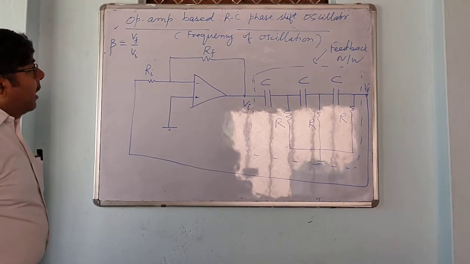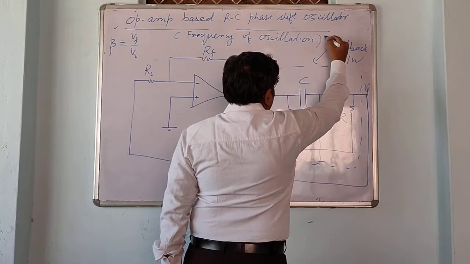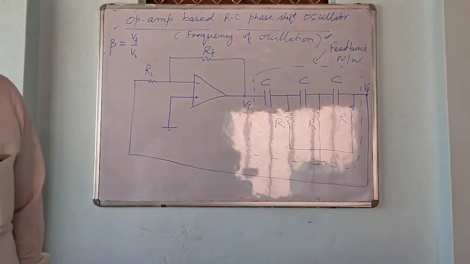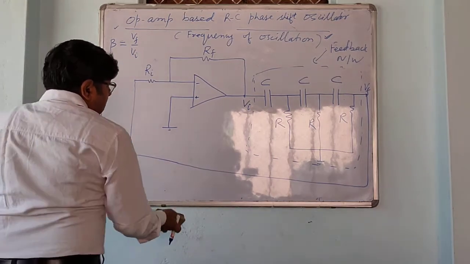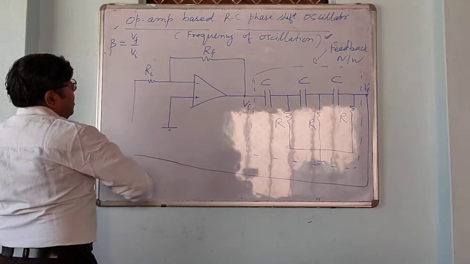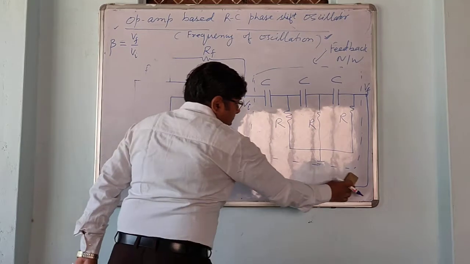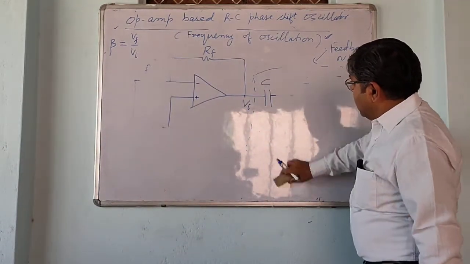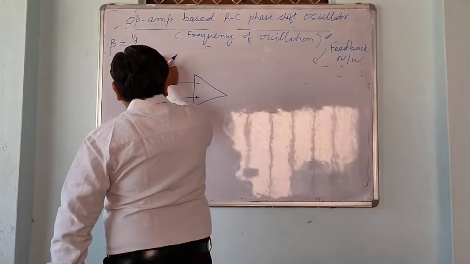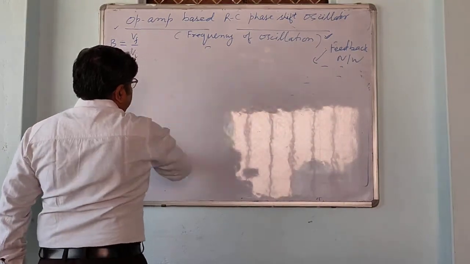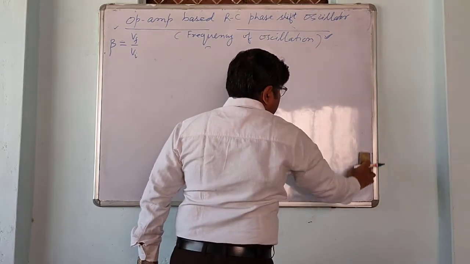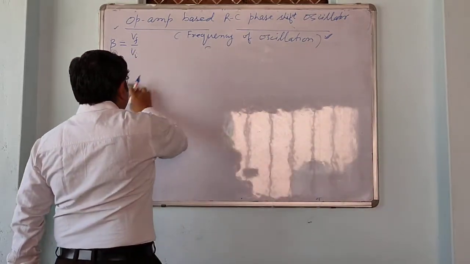So now we will derive frequency of oscillation for this. To derive frequency of oscillation, we will draw an equivalent circuit using feedback network. So feedback network is a combination of three-step RC network.